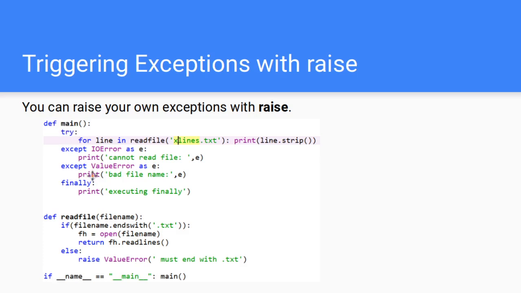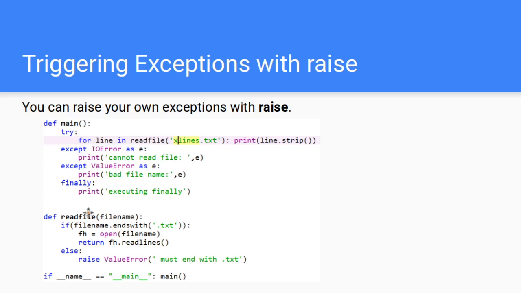What I just said has to do with module importing, which you don't really have to know yet. We haven't covered that yet. But we're going to try to read the file xlines.txt, and then we're going to print the same thing we just did, basically, and capture exceptions.